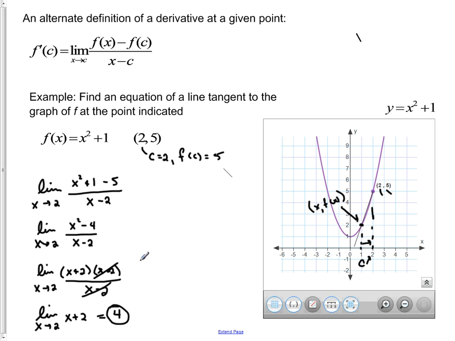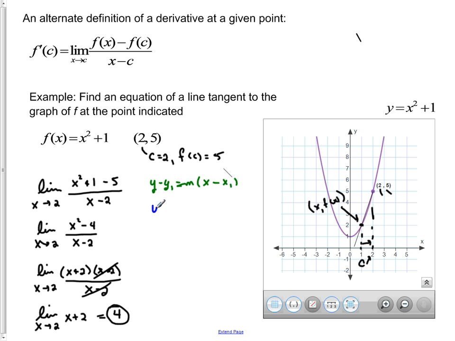And so building the equation of the line is actually no big deal. We know that the formula y minus y1 is equal to m times x minus x1 is a useful one if we're building the equation of a line given a point and the slope, which we have.